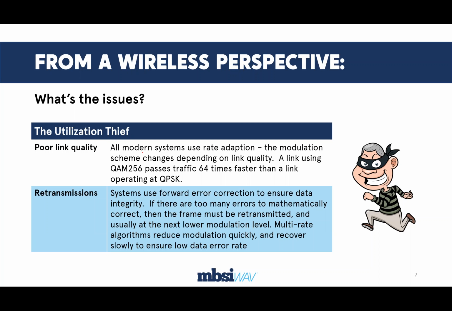So if it's a long fade, or the anomaly is out there for some considerable length of time, the modulation level will reduce. We'll take up more time on our link, of course, to transmit the same data, because it's the same data. The data has to go from, in this case, the access point to the subscriber module.